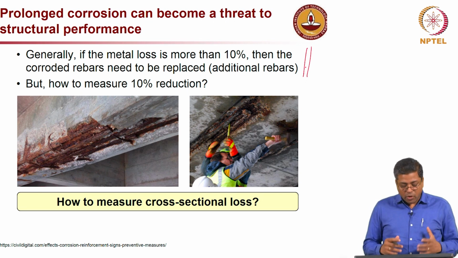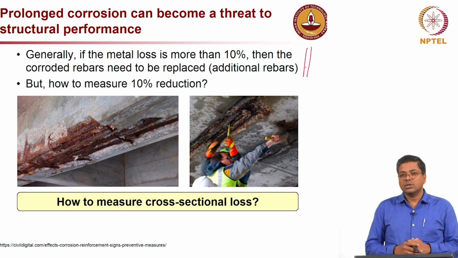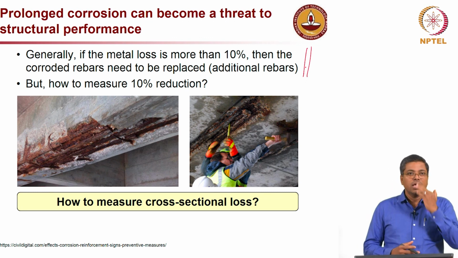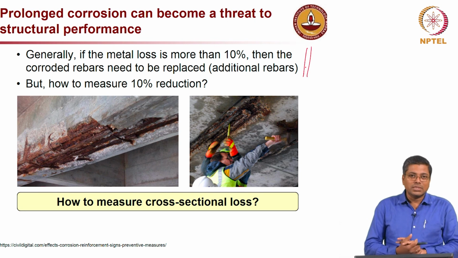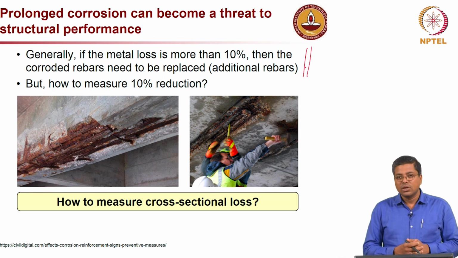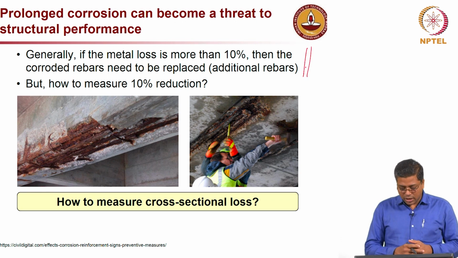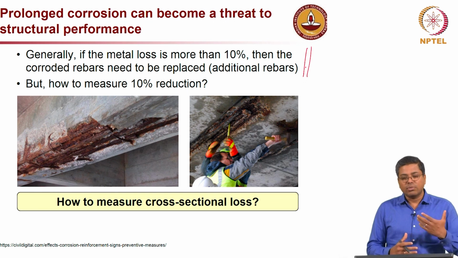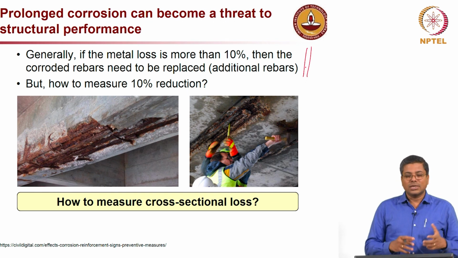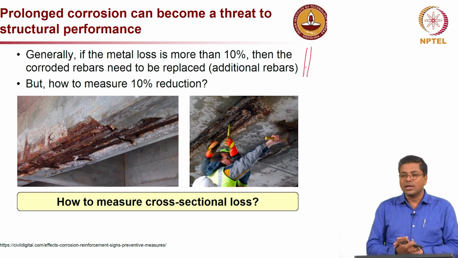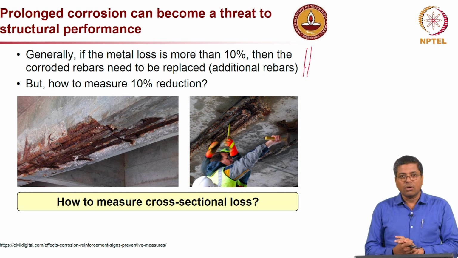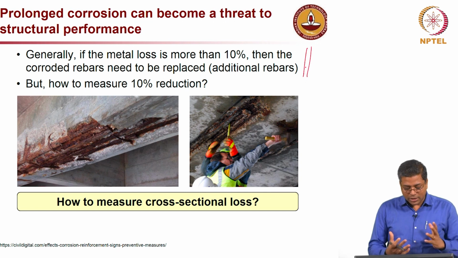The challenge which the engineers or inspectors face is that, yes, on the documents they will say 10% area loss of the rebar, but how do we really estimate or measure this 10% reduction? It is very difficult. By just looking you can only say there is significant corrosion, but if somebody is telling an exact percent mass loss, the correctness of that assessment is not well established.